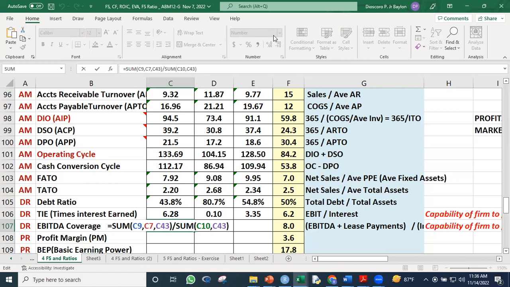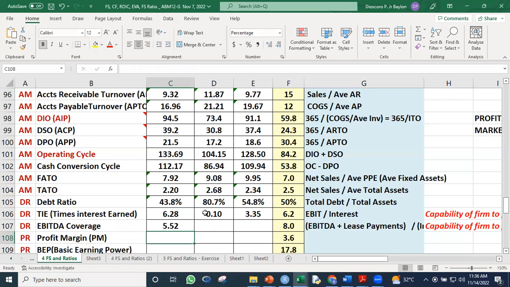Okay, good. All right. Okay, so 5.52. And we can copy this to the right. Okay. So here, we can see that noong 2019, the company capable sila na bayaran yung fixed cost nila, mga fixed payments sila.